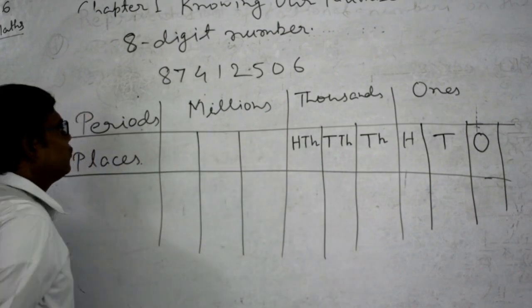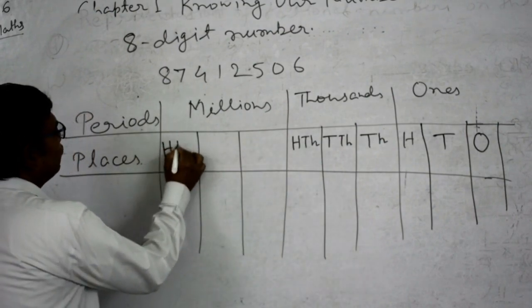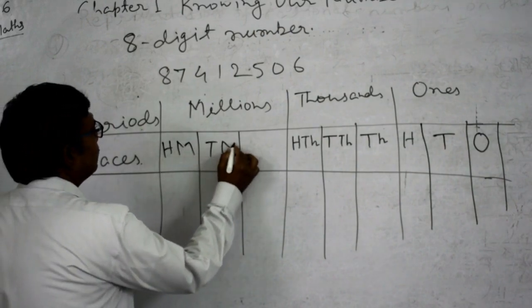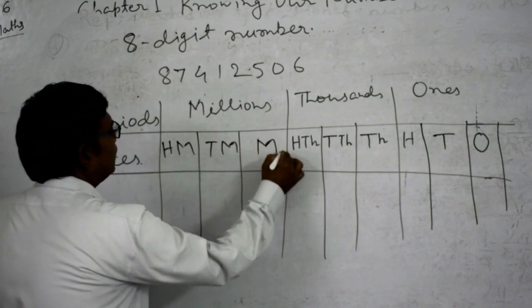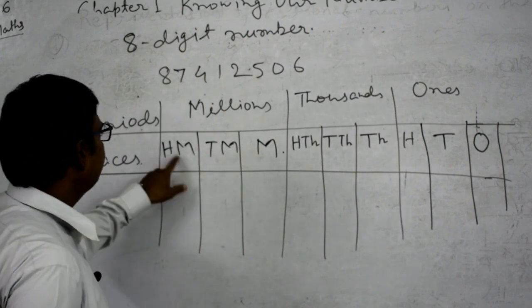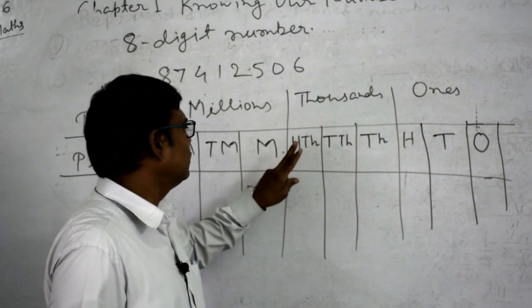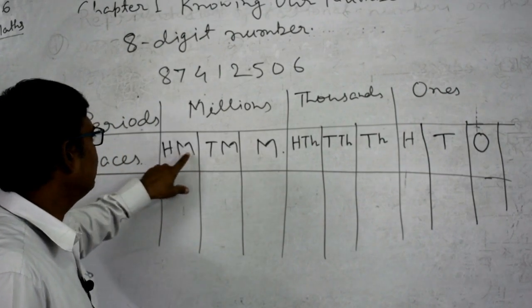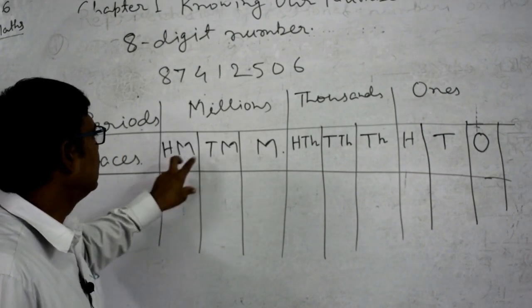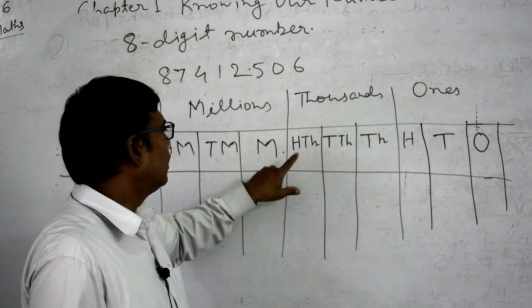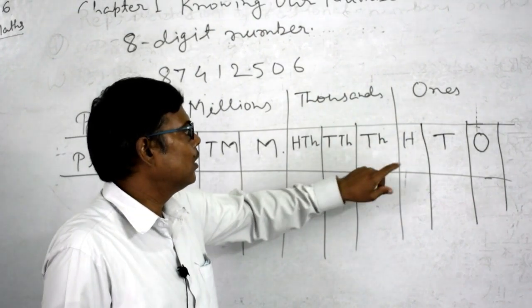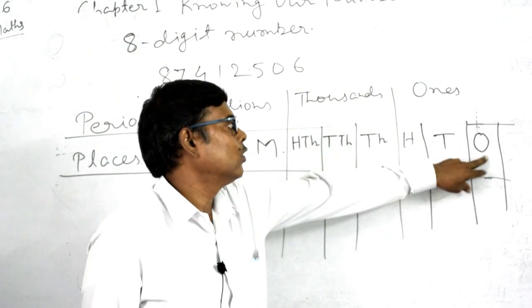In this case you will write 100 million, that is HM, 100 million, and here 10 million, and here only million. So HM, TM, M, and HTH, just remember this: H means 100 and M means million. So 100 million, 10 million, million, 100,000, 10,000, and here 1,000, 100, tens and ones.